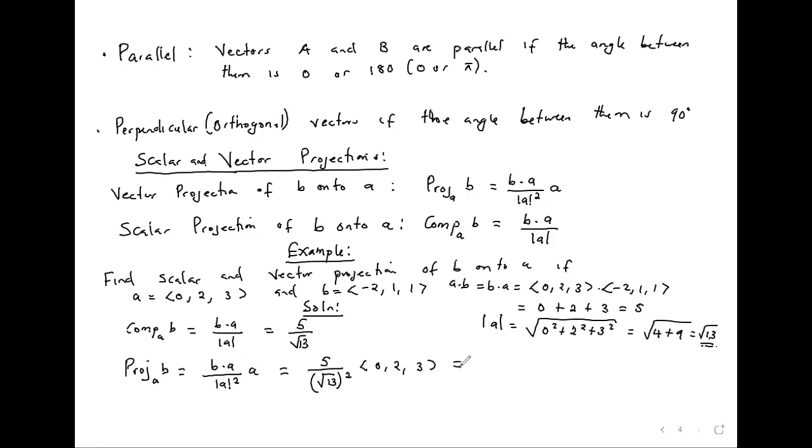This is 5 over 13, and then 0i, 2j plus 3k. This is the projection. So the projection will be a vector, and the component will be a scalar. That's how you find the projection and the scalar component in that order.